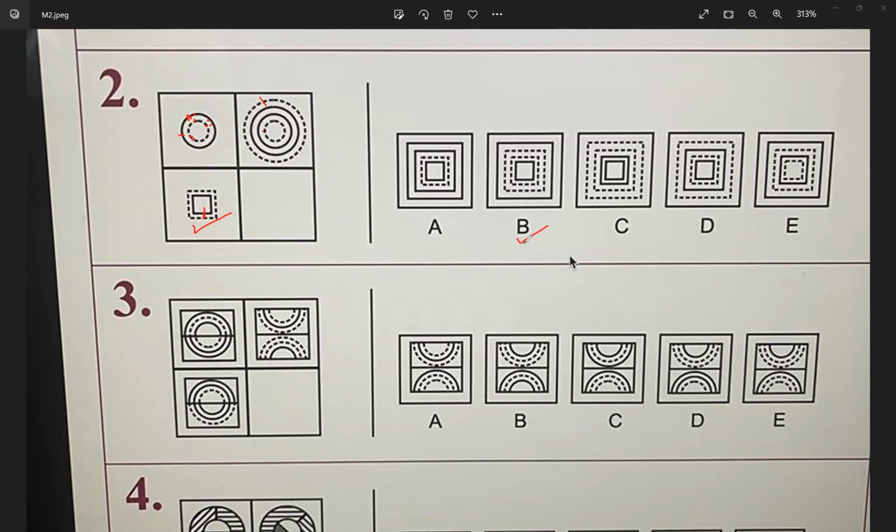So this is B only, isn't it? Yes. So the point here is when you see that the change is very simple, instead of checking each and every one, eliminating, why don't we just focus on what will be the right one?